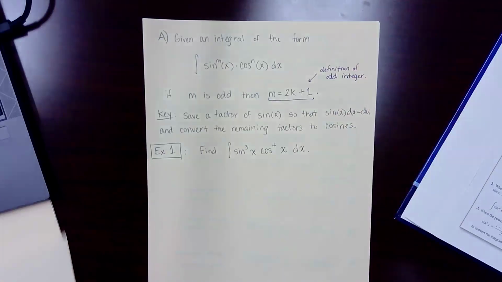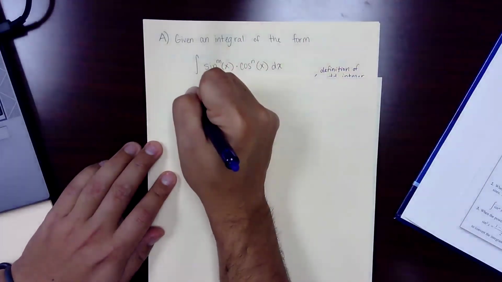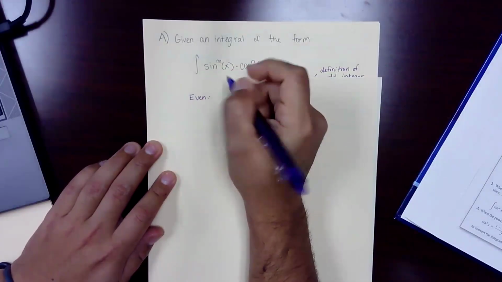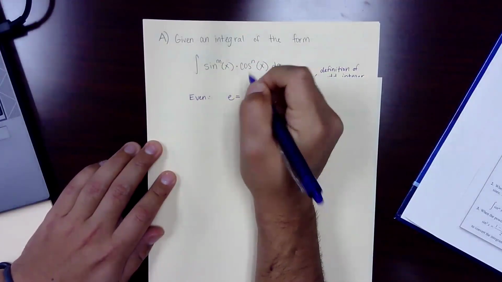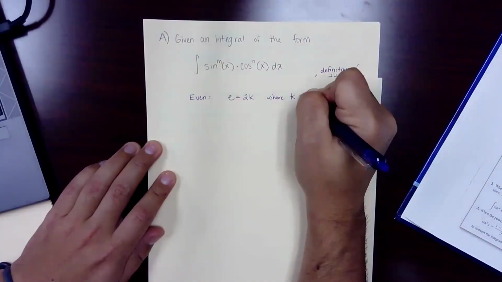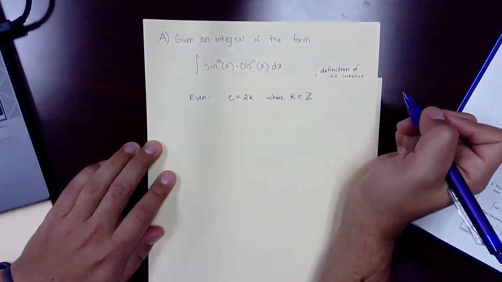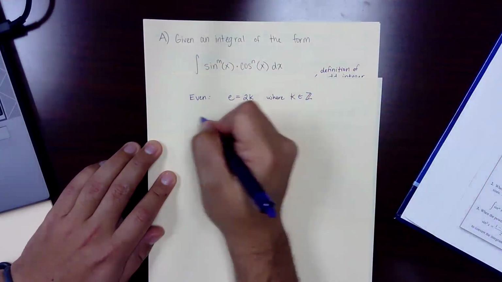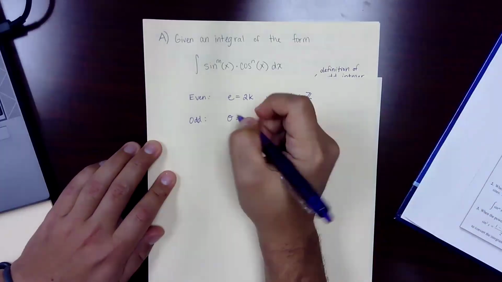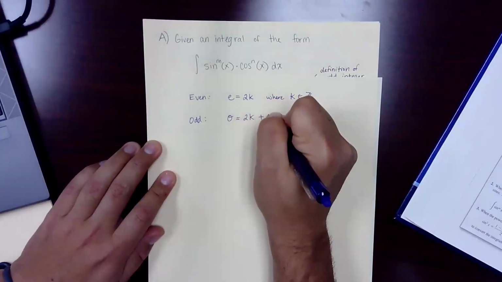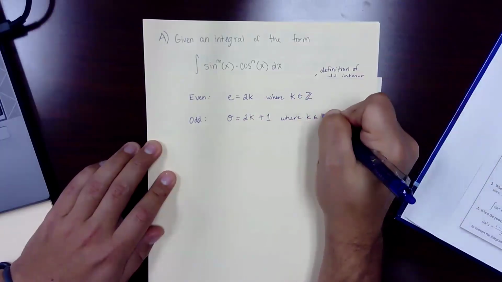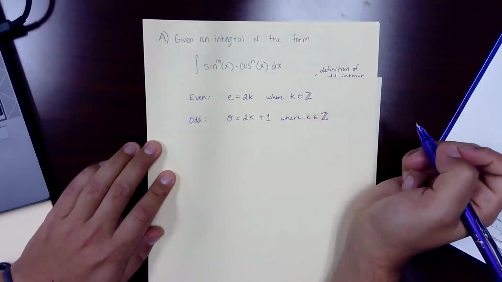If you've never seen this before, the even integers are defined as e equal to 2k, where k is some integer. And I will call this odd, O, not 0, which is just 2k plus 1, where k is some arbitrary parameter and it has to be an integer so that we are dealing with whole numbers.